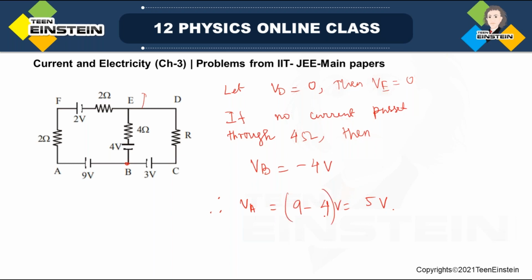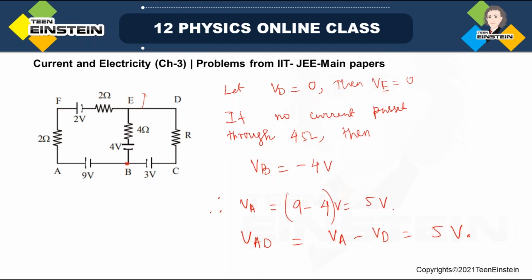So what is the potential difference between A and D? We had already taken VD to be 0, so VAD will be VA minus VD, that means 5 volt. This is the answer.